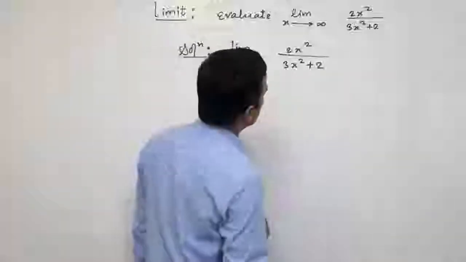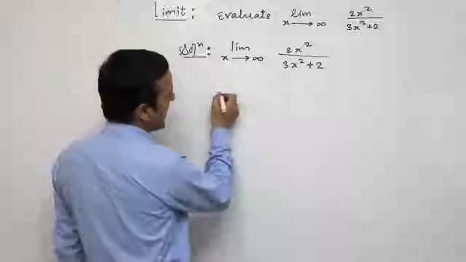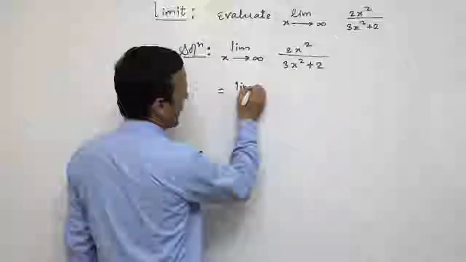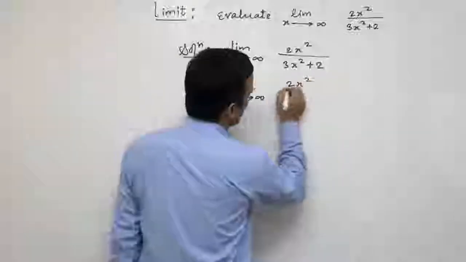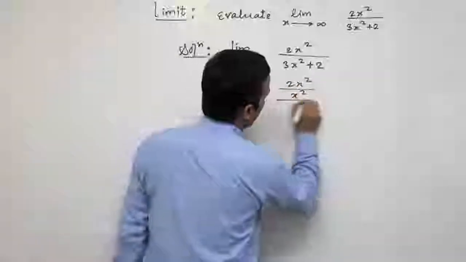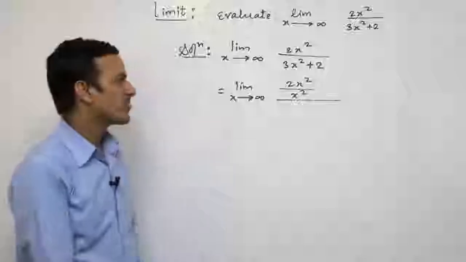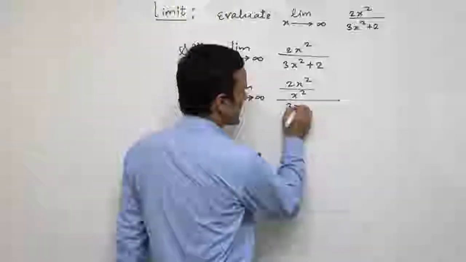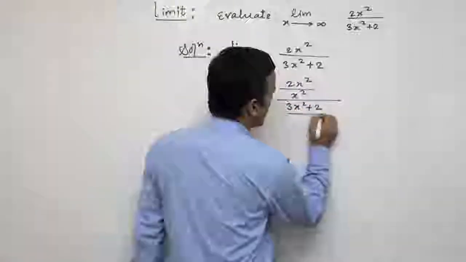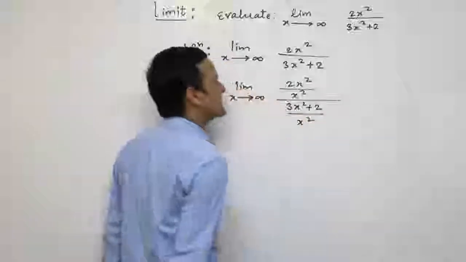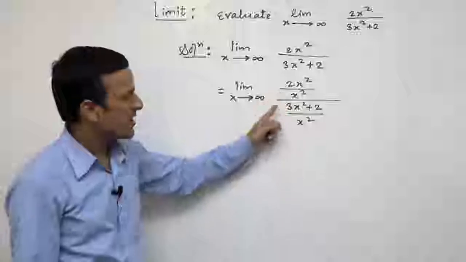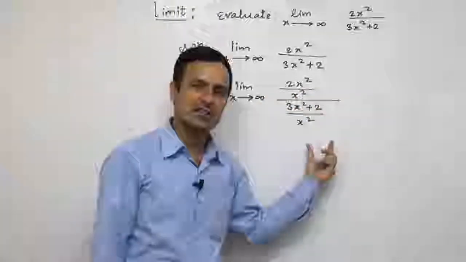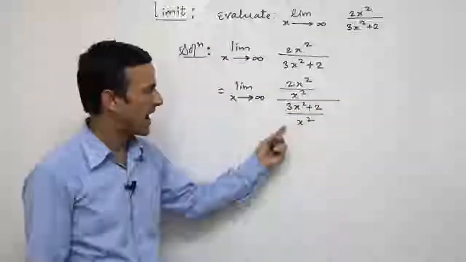So for this question we can divide it by x square: limit x tends to infinity, 2x square divided by x square, and 3x square plus 2 divided by x square. In this case we have to divide the numerator and denominator by x square.